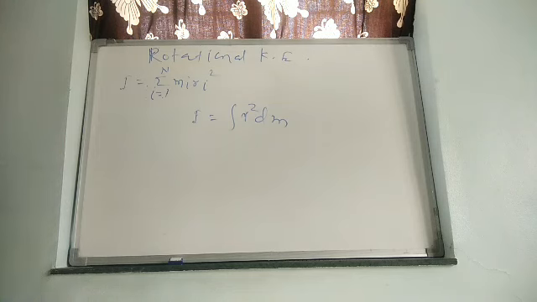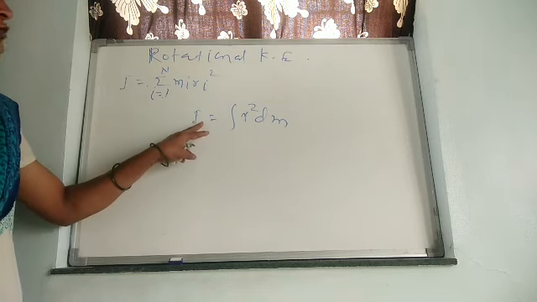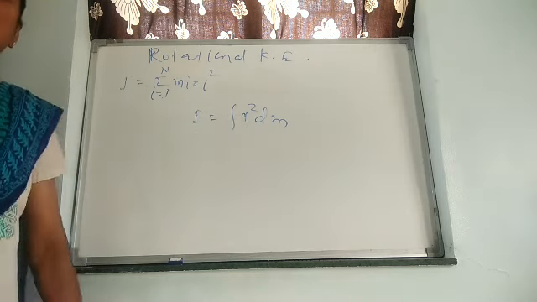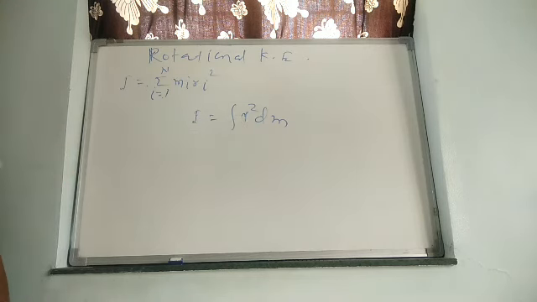In such a case the moment of inertia can be obtained by using the formula I is equal to integral r square dm, where dm is the mass of a very small particle and r is its distance from the axis of rotation. Where there is a continuous distribution of mass, you can use this formula.